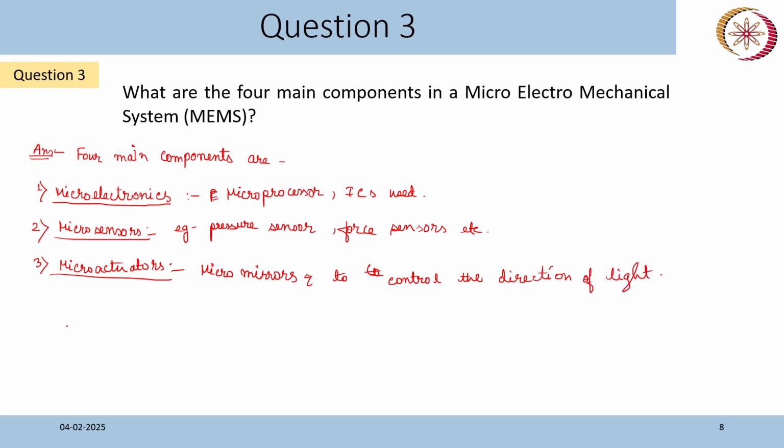Then the fourth component is microstructures. What can this microstructure be? Say for example, if you are making a lab on a chip, or trying to mimic a biological system, then say you have certain microchannels. Those are different structures. Those are not sensors or actuators, or microelectronics, which is normally the decision making unit.